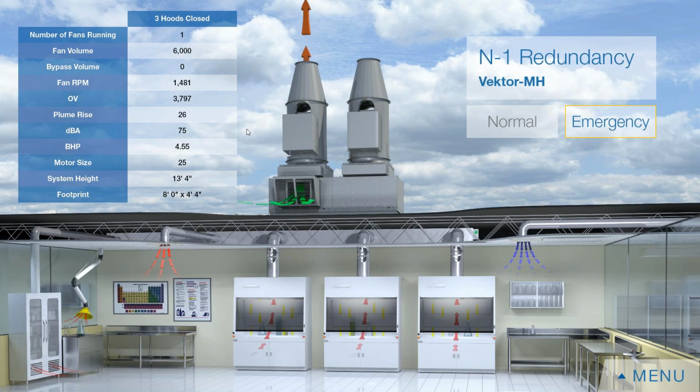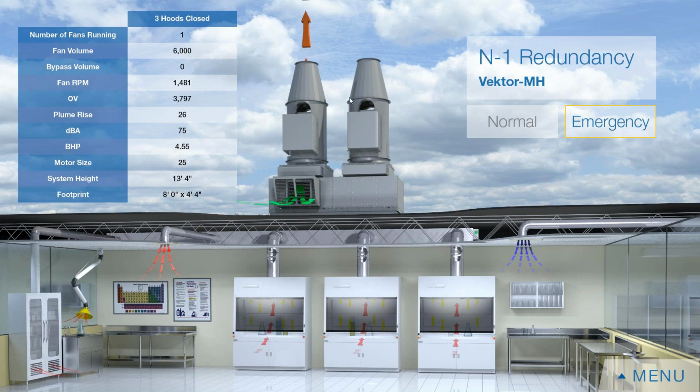But one slight drawback to N-1 is, as we talked about earlier, we want to create velocity going through these systems. Because each fan is only running at 50%, we need to create a little bit more velocity going through that system in order to maintain our targeted plume height.